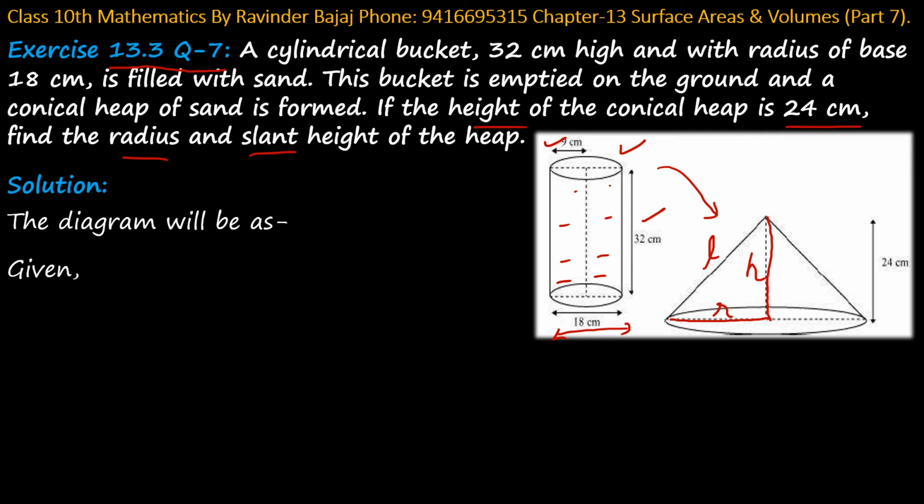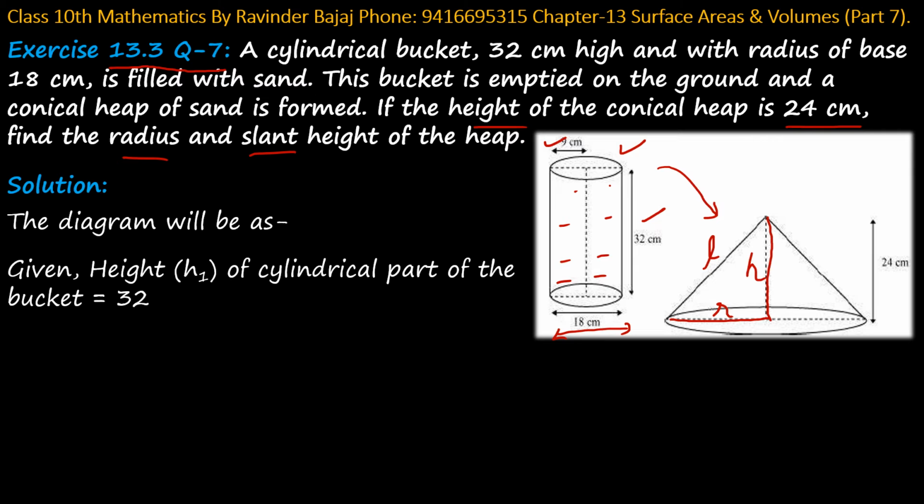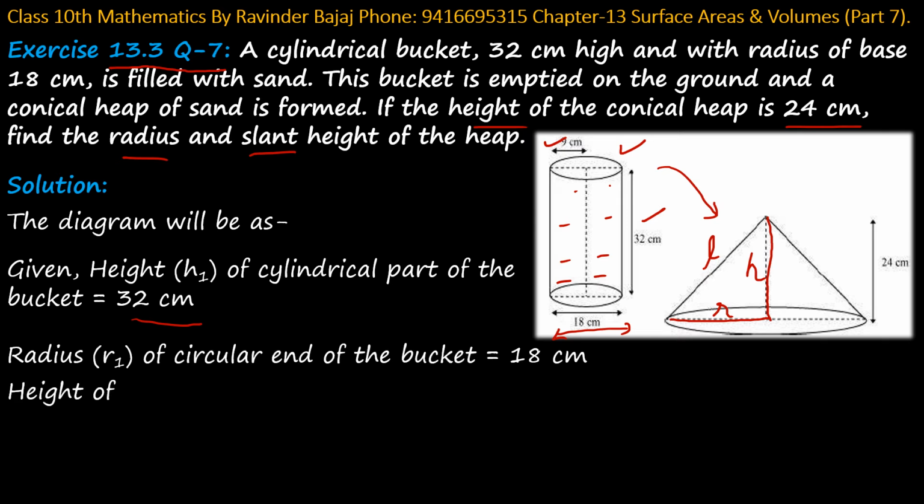So let's calculate it. Given height h1 of cylindrical part of the bucket is 32 centimeter. Radius r1 of the circular end of the bucket is 18 centimeter.